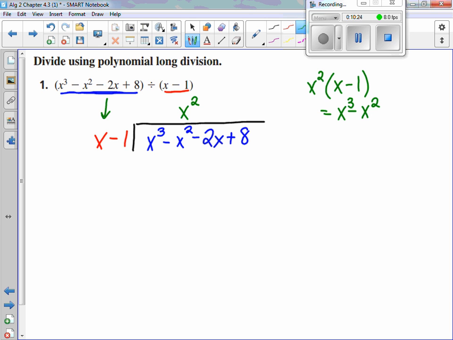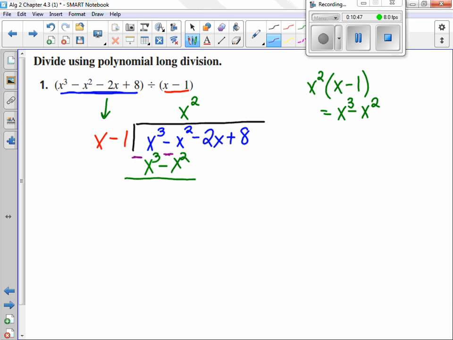Questions on this here so far? So this goes right down here. Okay, now what was our next step once we had the number under it for our first example? We did what? We subtracted.